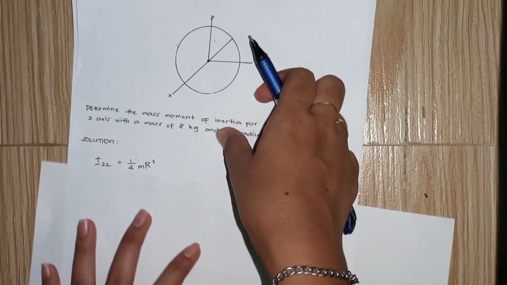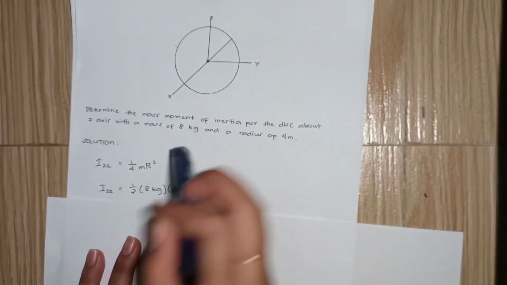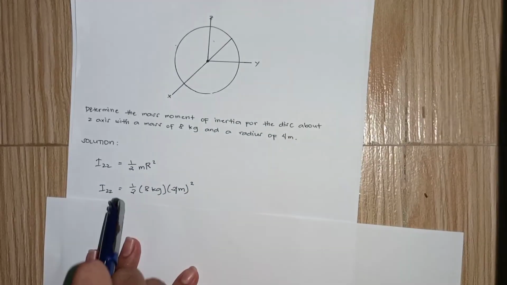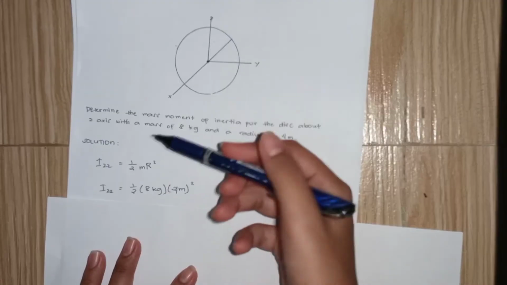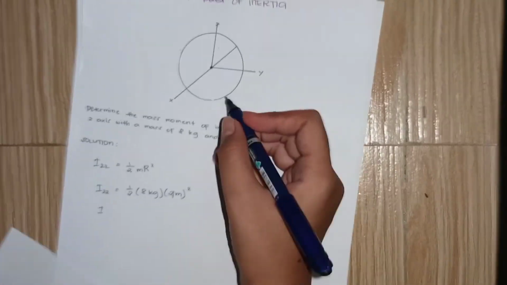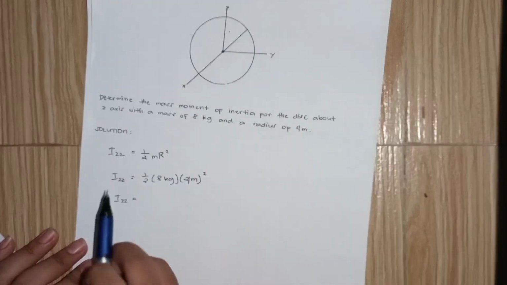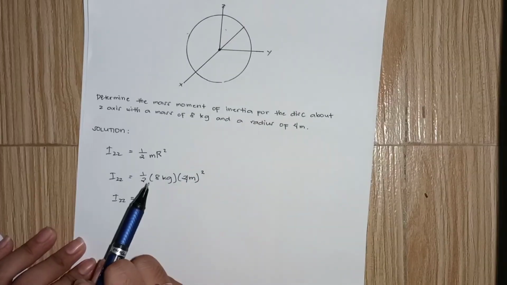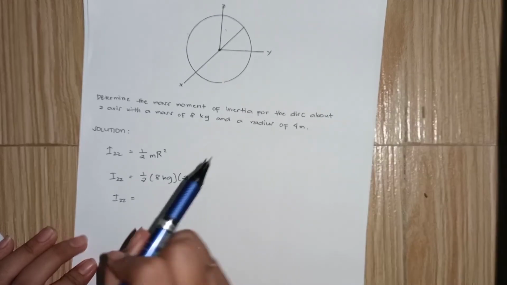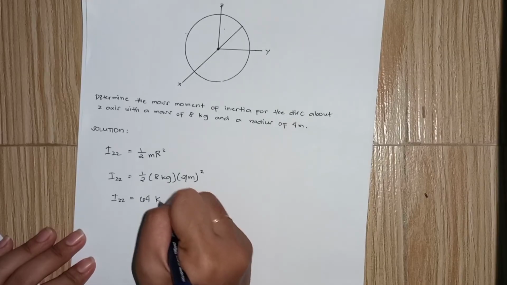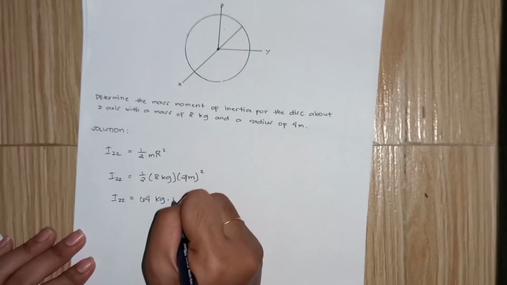So let's substitute the mass and the radius. So Izz is equal to 1/2 times 8 times 4 meters squared is equal to 64 kilogram times meter squared.